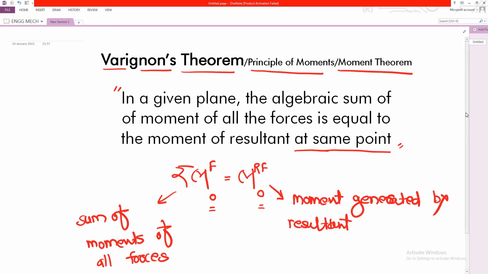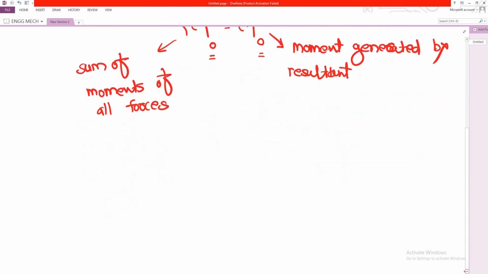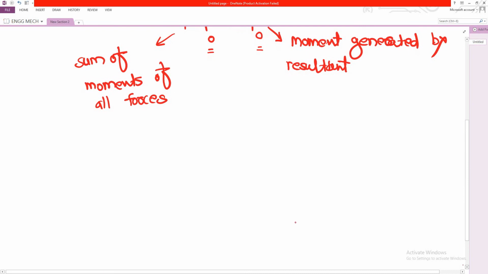Now let's try to understand more about Varignon's theorem in a diagrammatic manner. Let's say this is a beam and one of the points on the beam is O, another point, let's say it is P. Then assume that there are several forces acting on this beam OP.